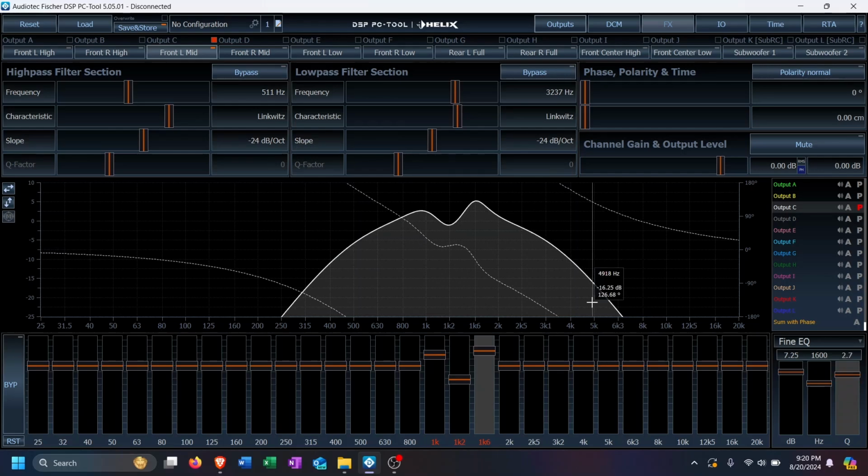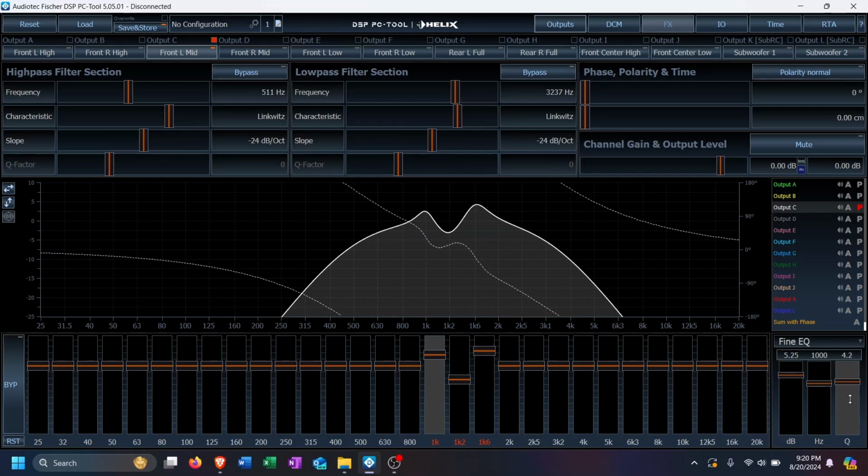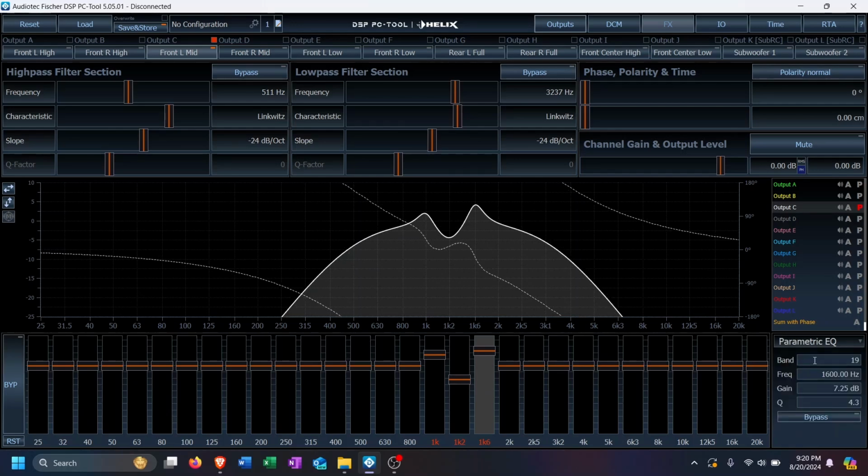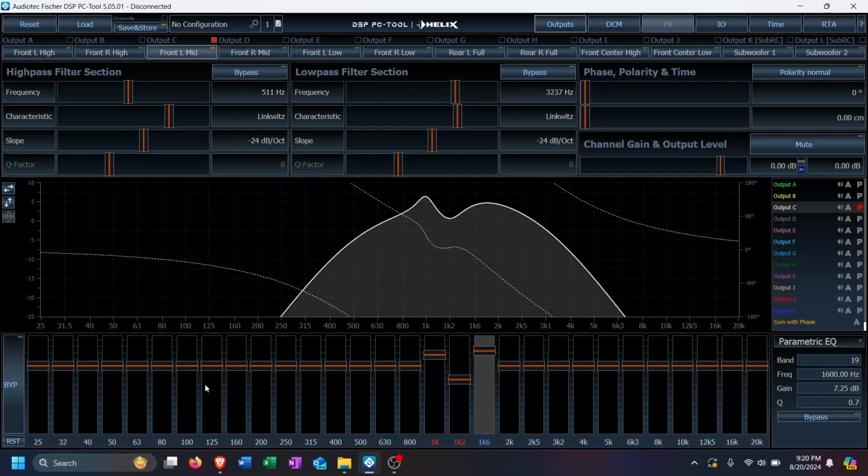Now, 1/6 octave is consistent with the 4.3, like I was saying. And 1/3 octave is consistent with 2.3. And 1 octave is consistent with 0.7.